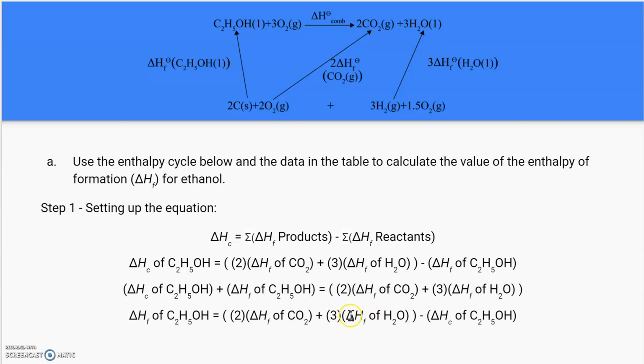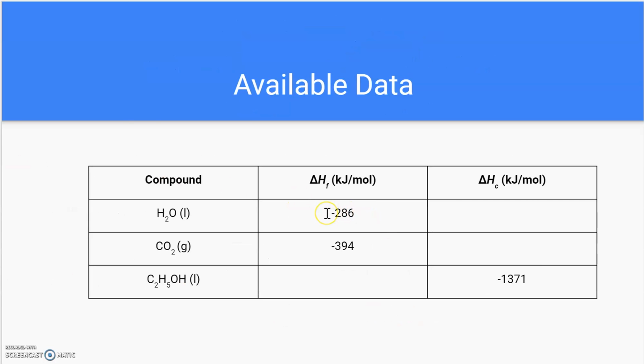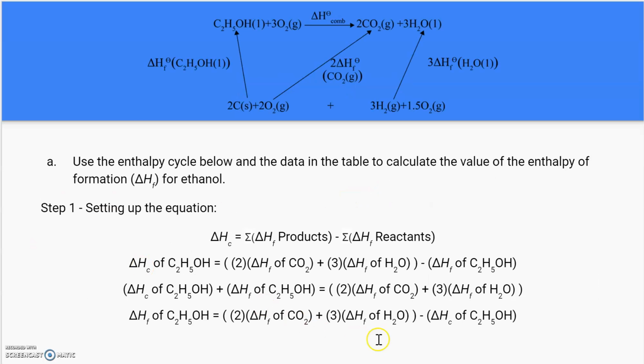Next one is, do we have a value for the enthalpy of formation of water? If we look at the table, we do as well. It's negative 286 kilojoules per mole. So that variable can also be given a numerical value. And lastly, do we have a value for the enthalpy of combustion of ethanol?